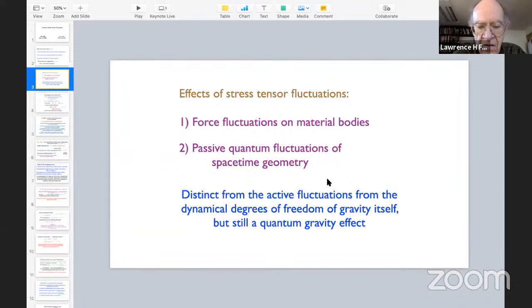Now, this is different from the effects of quantizing gravity itself, which you might call active fluctuations, when the dynamical degrees of freedom of gravity fluctuate. But nonetheless, passive fluctuations are still an interesting quantum gravity effect, and something useful to understand on the way of understanding quantum gravity in a more complete way, because they have to be part of any complete quantum description involving both matter and gravity.